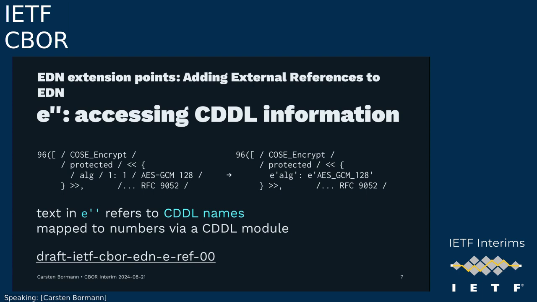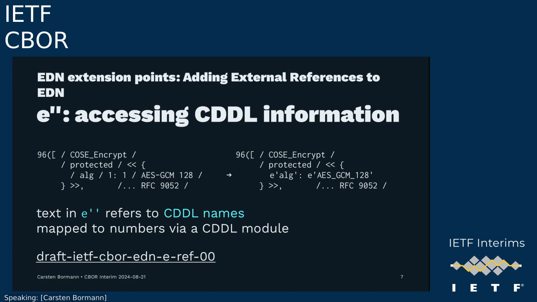And you need CDDL modules to actually map this text to the numbers, the code points that you actually want to use. So we wrote that up quickly and combined it with another item, which is also interesting for examples in documents where we have these binary blobs that we really would like to reference instead of copying them each time.